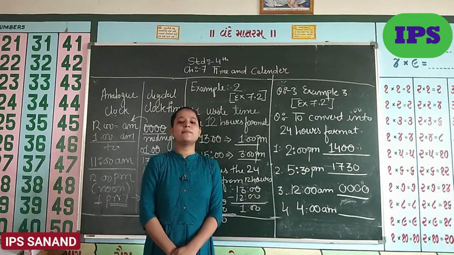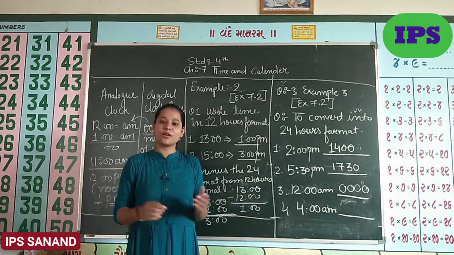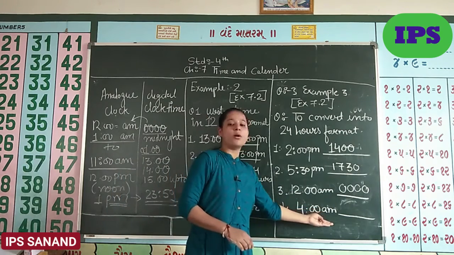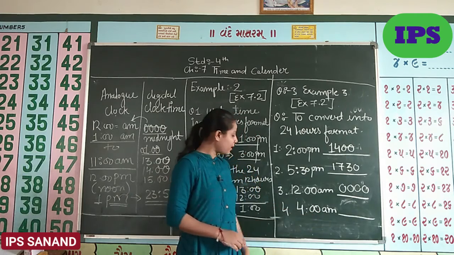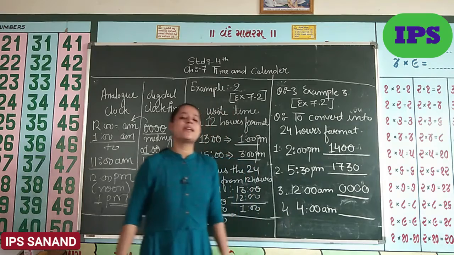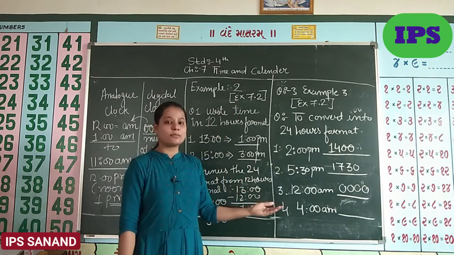a.m. Can you tell me what time of the day it is? Is it morning, noon, evening or midnight? Exactly, it is the morning time of the day, and that's why I have used AM. So what to use in the 24 hours format clock?